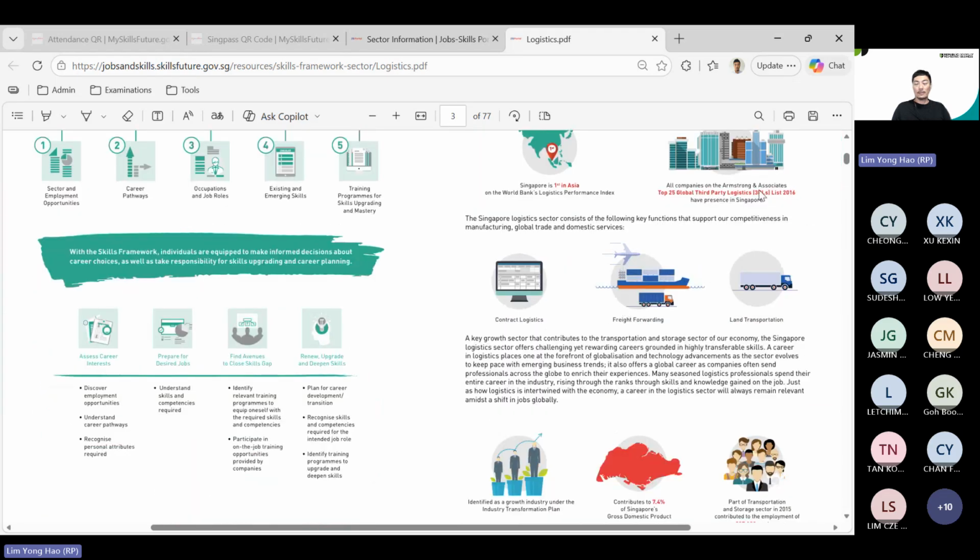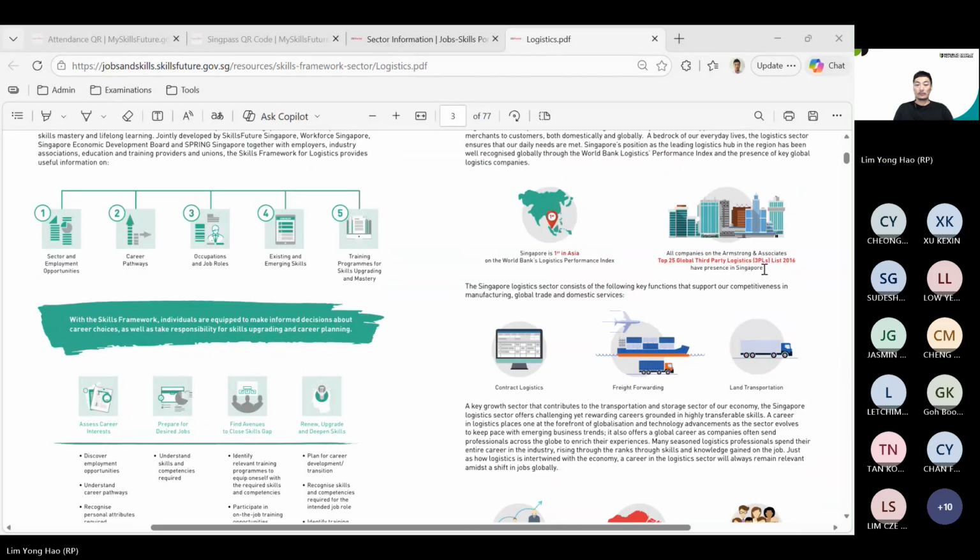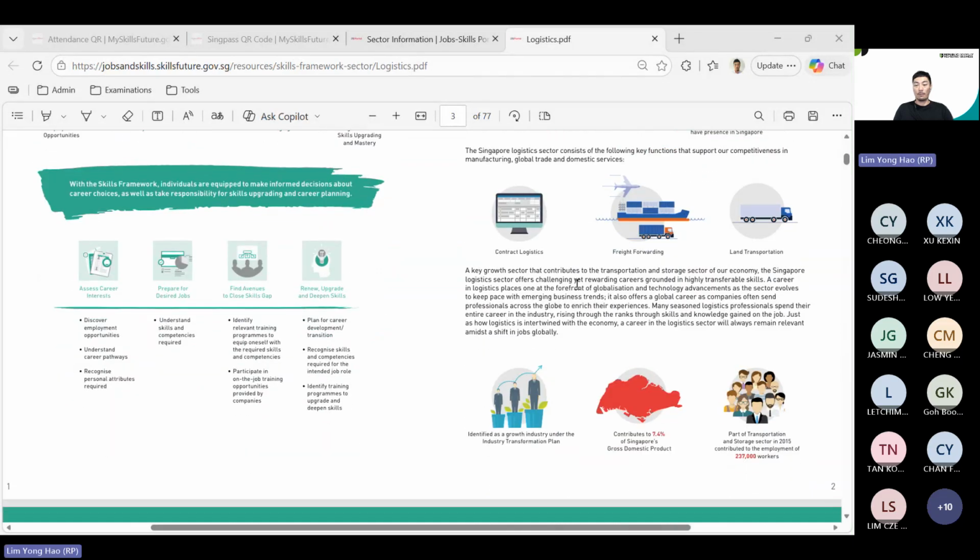In Singapore definitely, some of the logistics hubs are here. Maybe not the last mile part, but at least the place where a lot of things will flow through in Singapore. And logistics contributes, I think now might be the same, 7.4%.